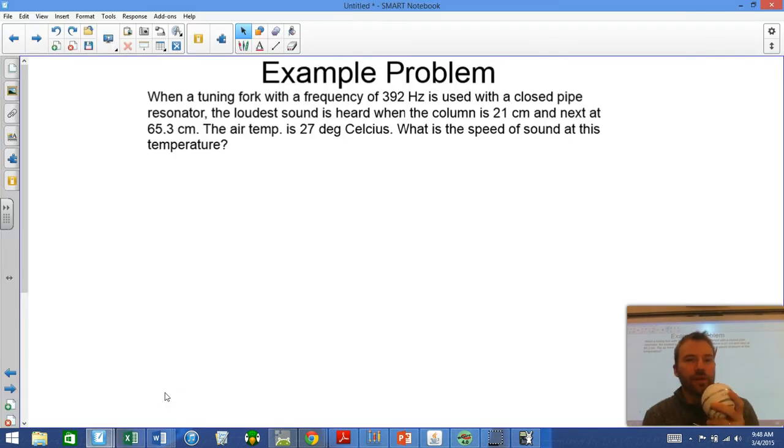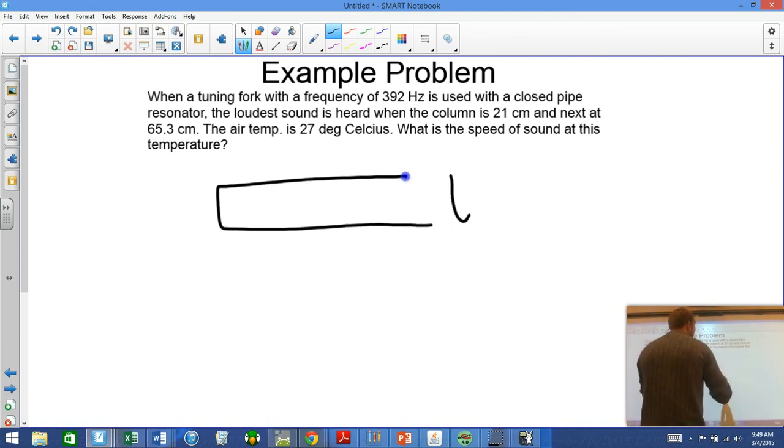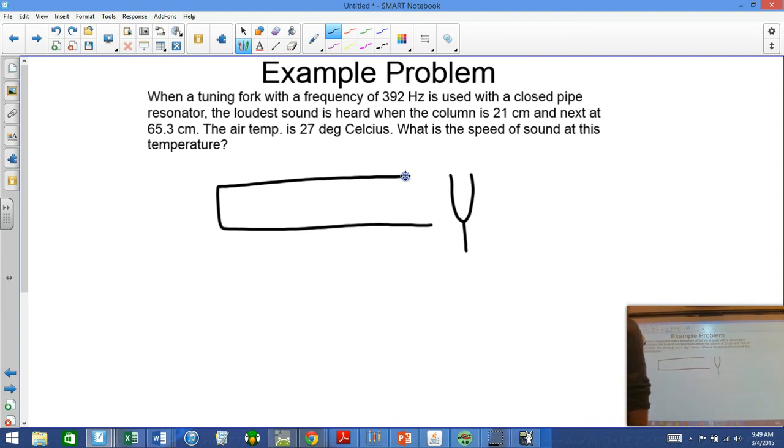It says when a tuning fork with a frequency of 392 hertz is used with a closed pipe. So I've got a closed pipe here, and I've got my tuning fork, 392 hertz. The loudest sound is when the column is 21 centimeters.